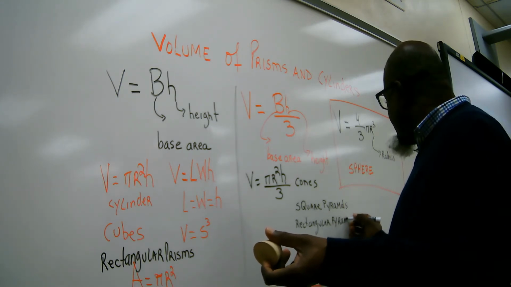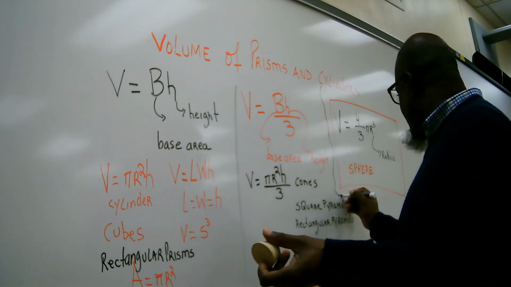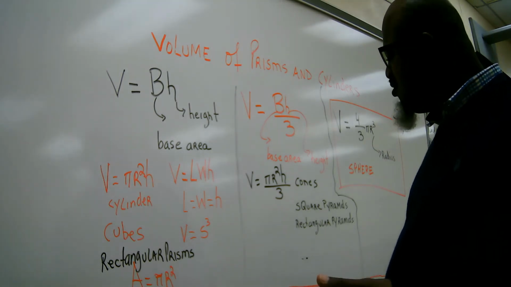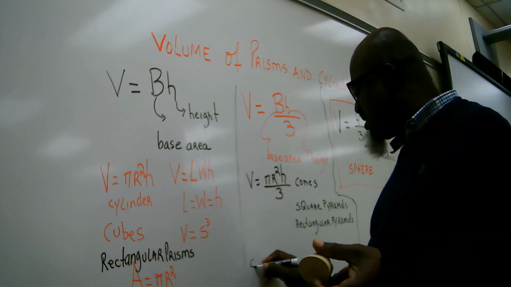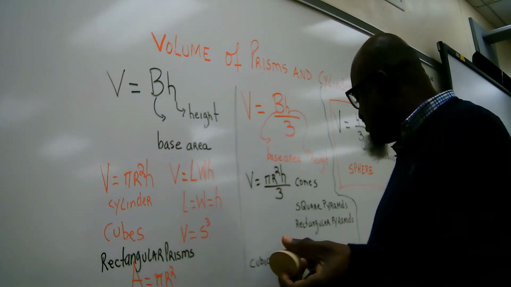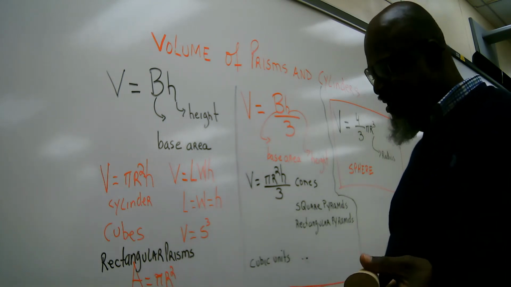So these are the main figures. You can use that formula to find their volume. And remember, volume must be expressed in cubic units. It's 3 dimensional, so when you're looking for volume, it must be expressed in cubic units. So this is very essential.